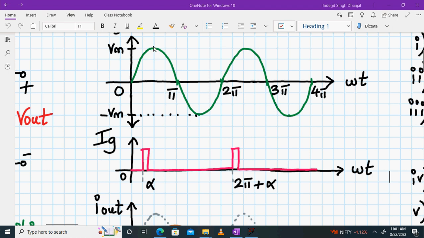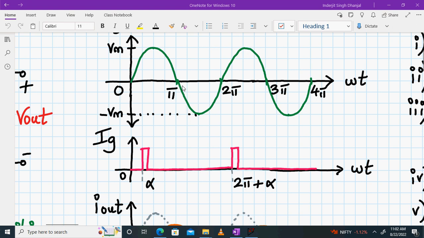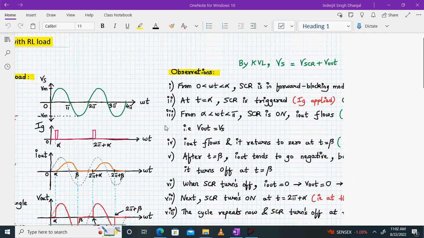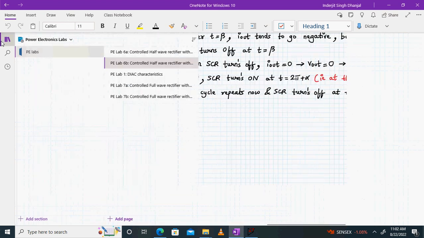So if I have to select a firing angle, let's say in our case the time period is around 20 millisecond, right? So 0 to pi will be around 0 to 10 millisecond. So if I want to select a firing angle of alpha, directly I have to select half of it, right? So half of 10 will be 5 millisecond. And for 45 degrees firing angle, I have to take half of 5, that will be 2.5. Let me explain with an example. It has still not come. Let me just refresh this part.